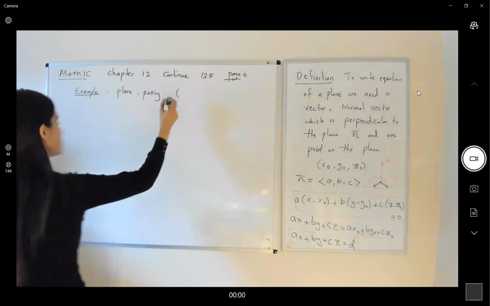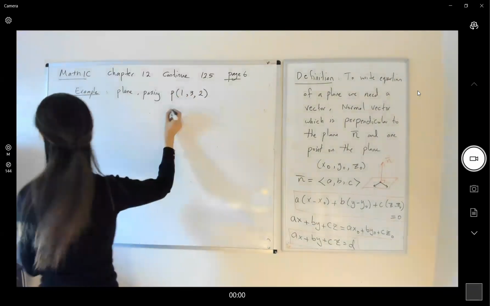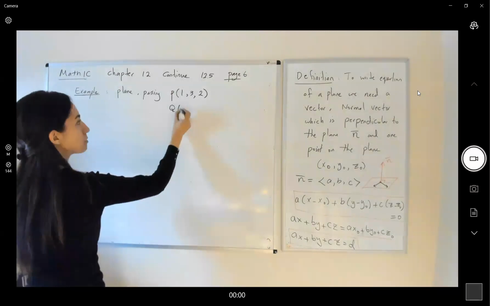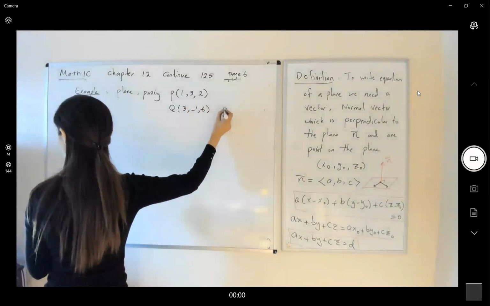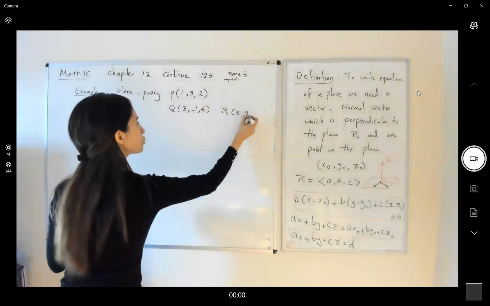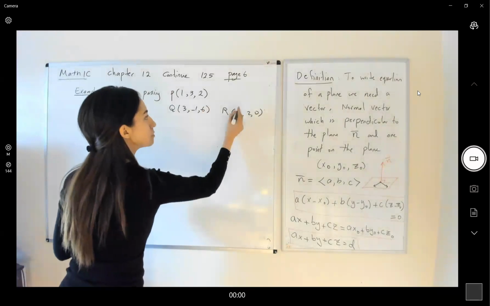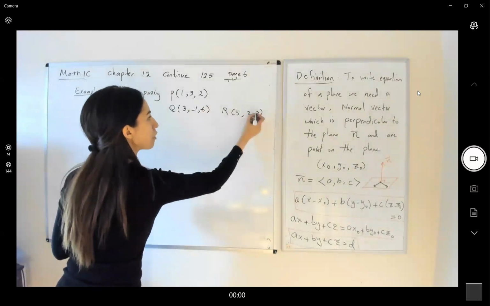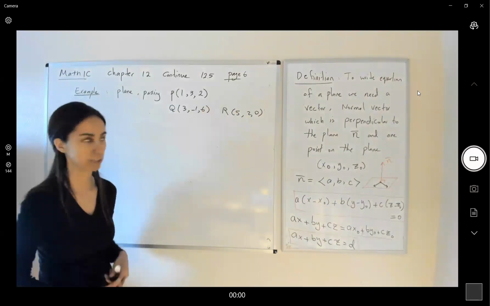The first point P is (1, 3, 2). The second point Q is (3, -1, 6). And the last point R is (5, 2, 3). Three points. There is no normal vector here.